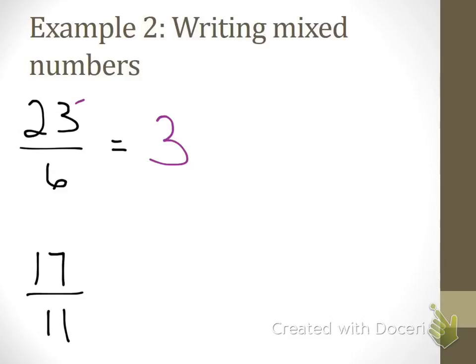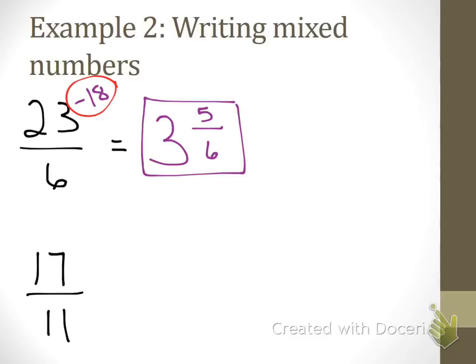But now I have to figure out how many will be left over. So 3 times 6 is 18, and 23 minus 18 is 5. 3 and 5/6. Guys, you don't have to show this step, but I'm just trying to show you how you get to the 5: you multiply 3 times 6 to get 18 and subtract it from 23.